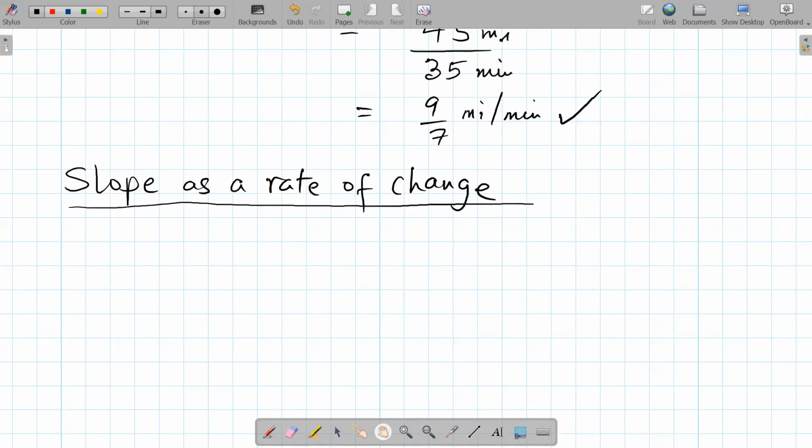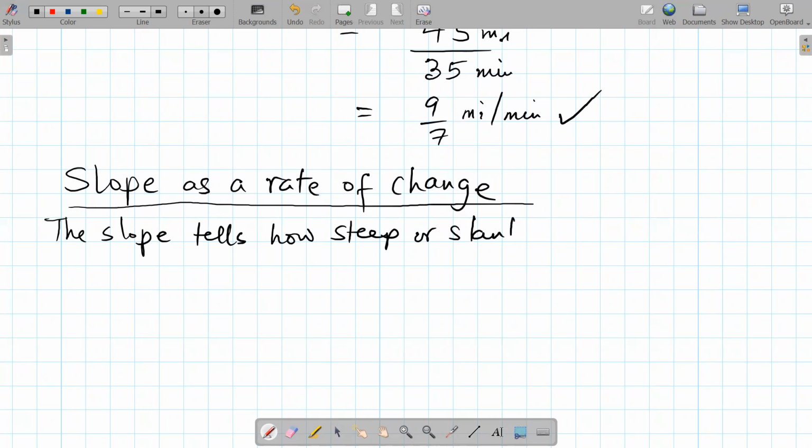So let's put it this way. The slope tells how steep or slant the equation of a line is.